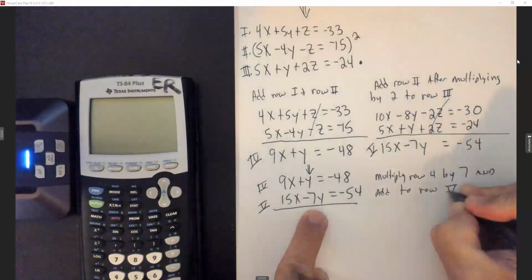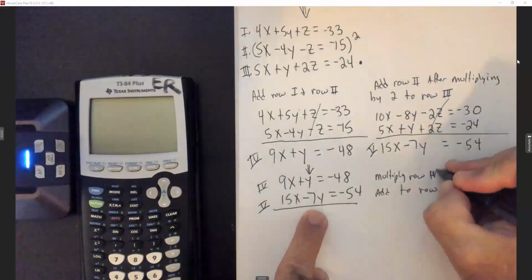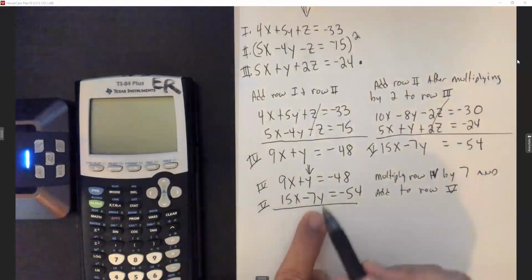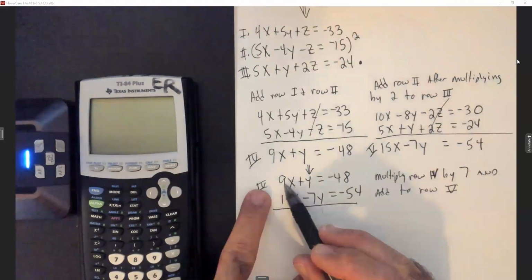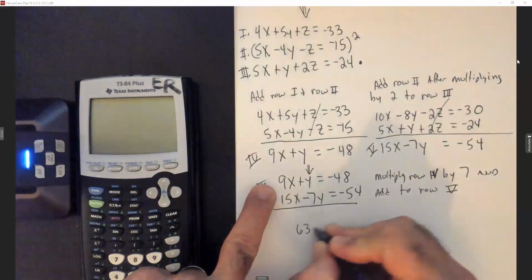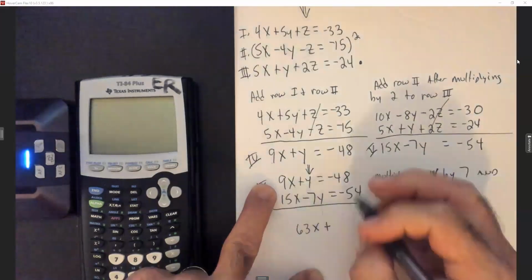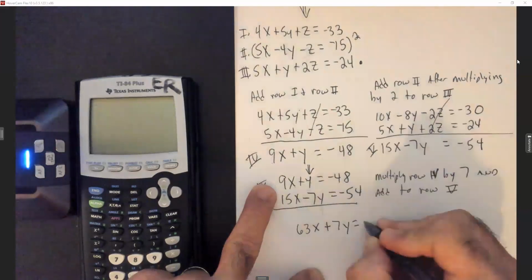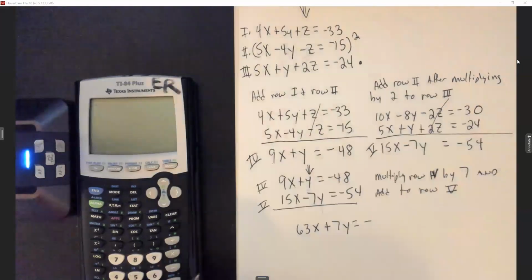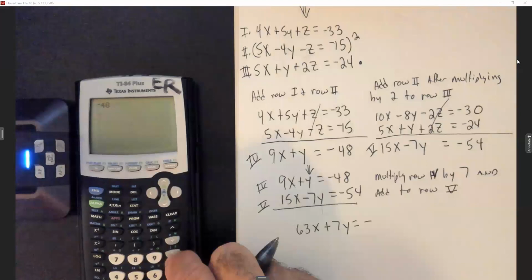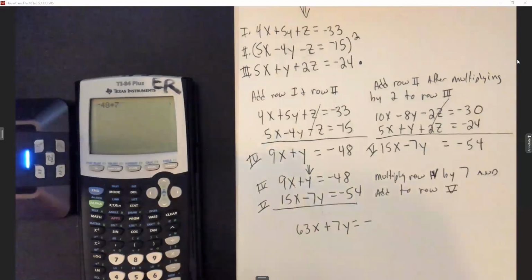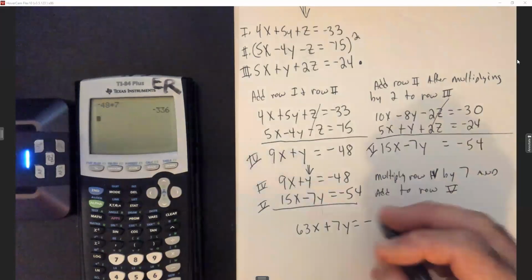Okay, so multiply this row by 7. So 7 times 9 will give you 63 x's. 7 times y is 7y. And that negative 48 times 7 is a negative 336.